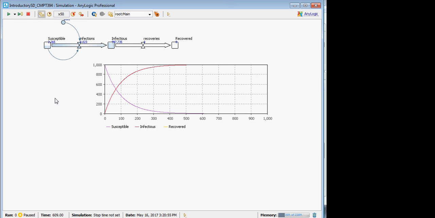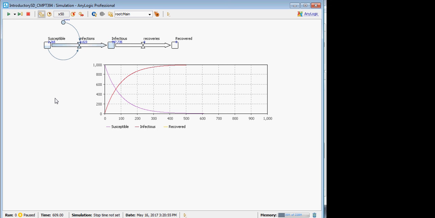If there's lots and lots of people in the stock, there'll be more people per day getting infected. If there are few people in the stock, there'll be few people per day. So at first, and remember, it's the value of this flow, the rate of the flow in people per day, that's dragging the value of the stock down.